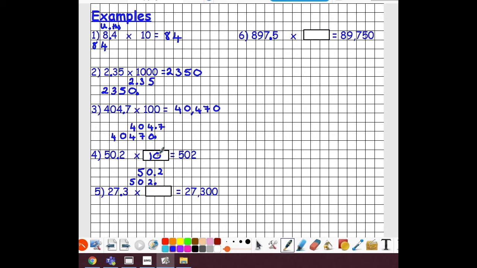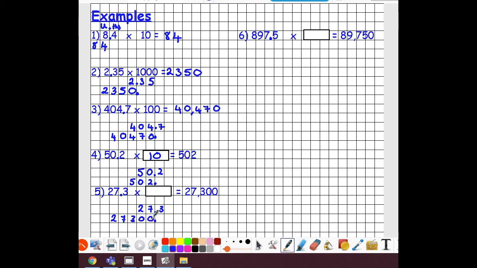Looking at example 5 then, 27.3 times something equals 27,300. So again, if I write in 27.3 and then I pop in my 27,300 and then our decimal point.